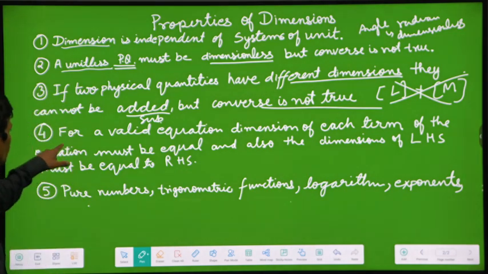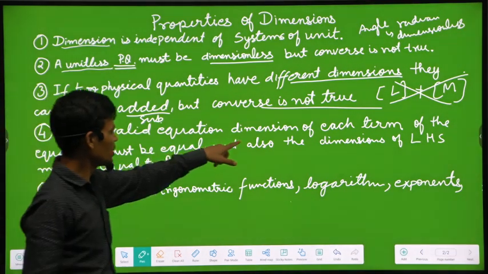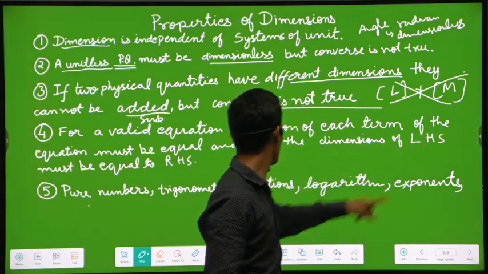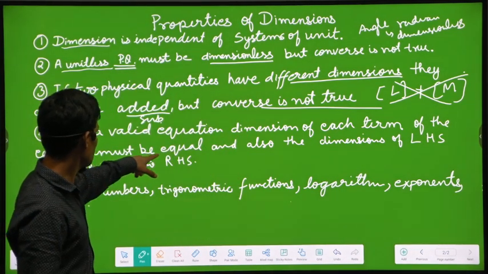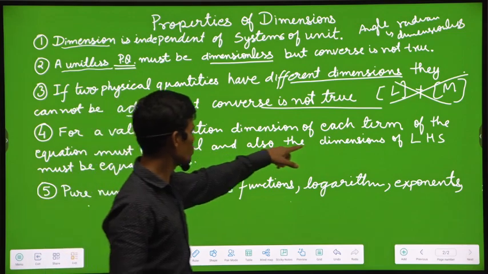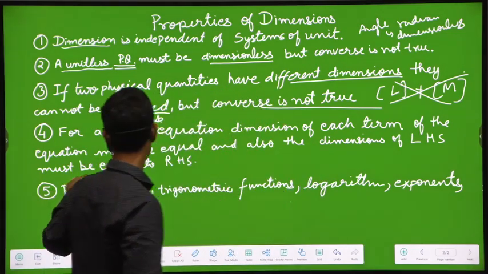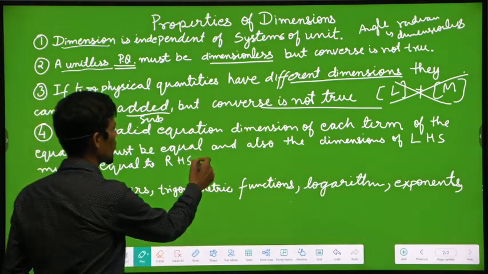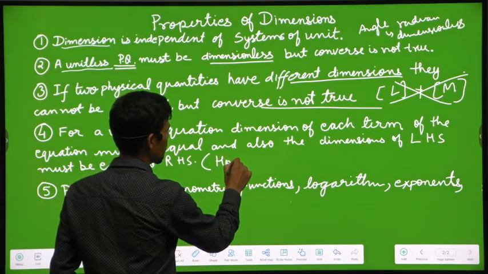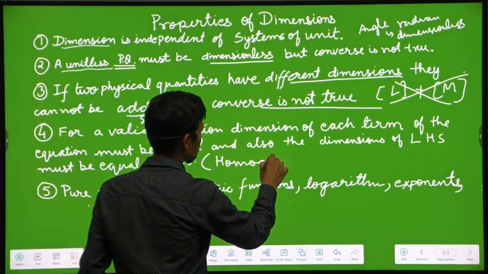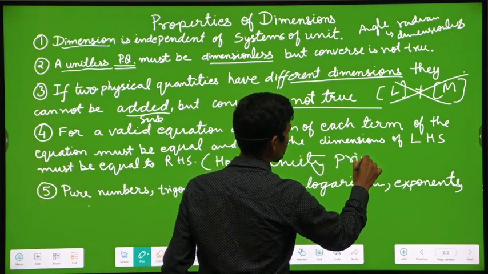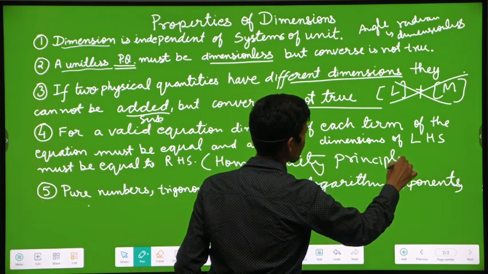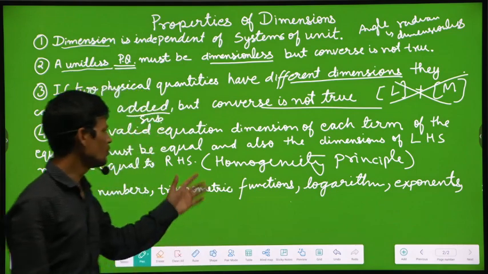Okay, for a valid equation, dimension of each term of the equation must be equal, and also the dimension of the left hand side must be equal to the right hand side. This is called the homogeneity principle of dimensions.